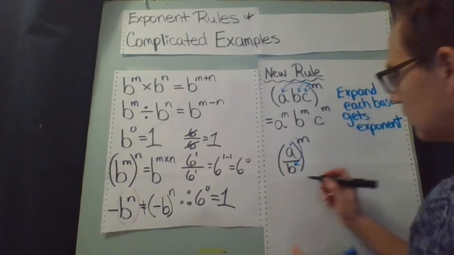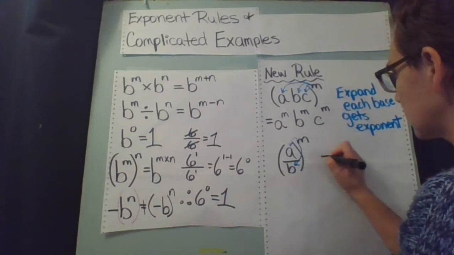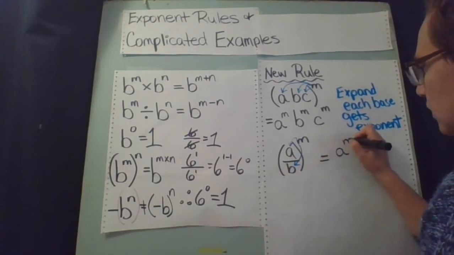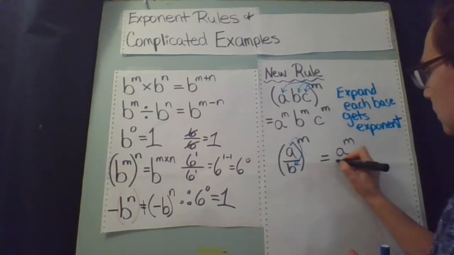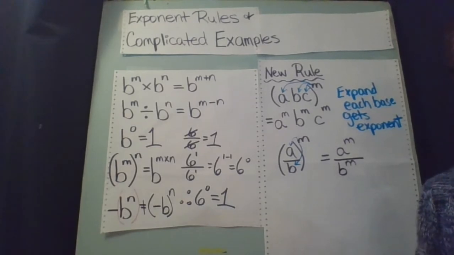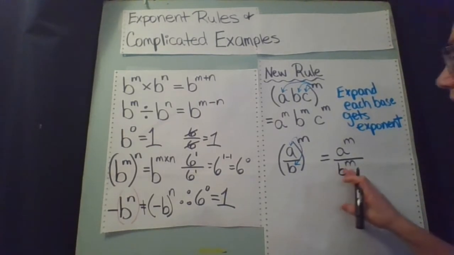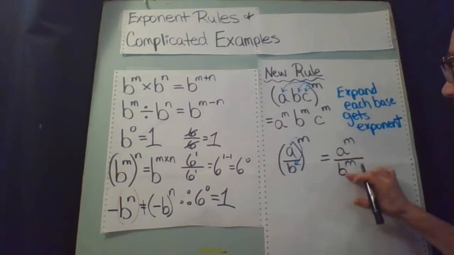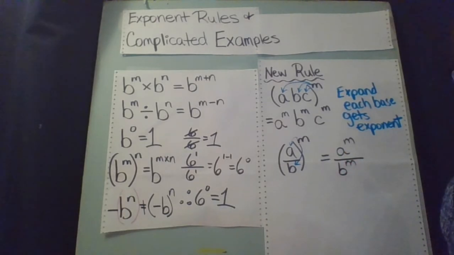So that becomes numerator to the exponent over denominator to the exponent. And I can't simplify that any further because they are different bases. Should we try some examples with that one?